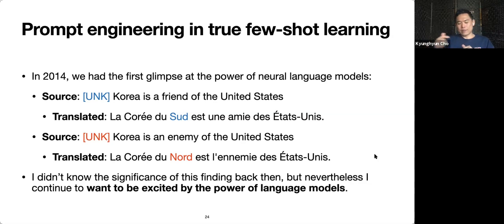We prevented this translation system from outputting the unknown tokens. And it translated it as "South Korea is a friend of the United States." It's very interesting. So I replaced friend with enemy and tried it again. And then it actually translated this unknown Korea into North Korea.